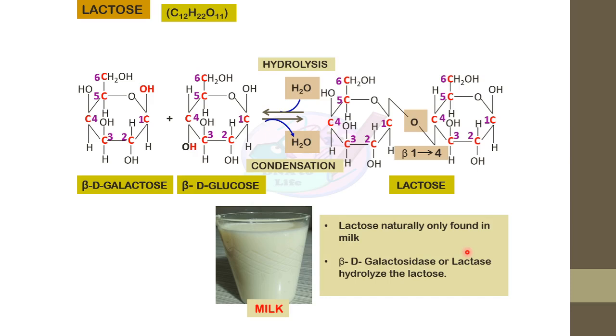It moves on in the intestine, and because of the osmotic effect it draws water into the gut. Also, when lactose moves through the large intestine, it is digested by colon bacteria and produces different gases, and because of that it causes bloating and diarrhea. This condition is called lactose intolerance.